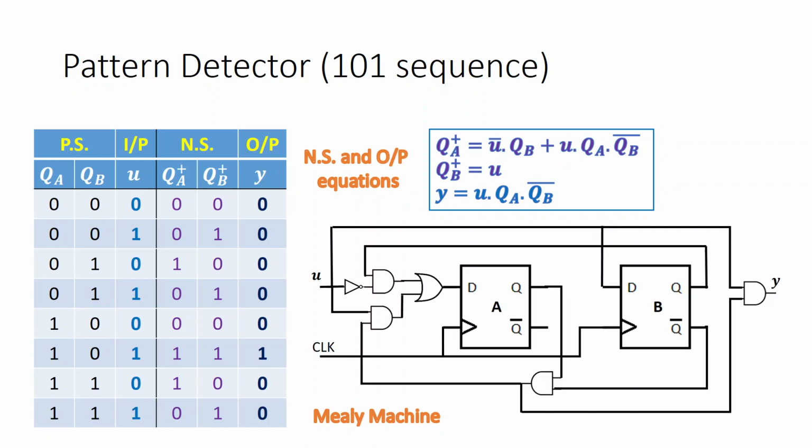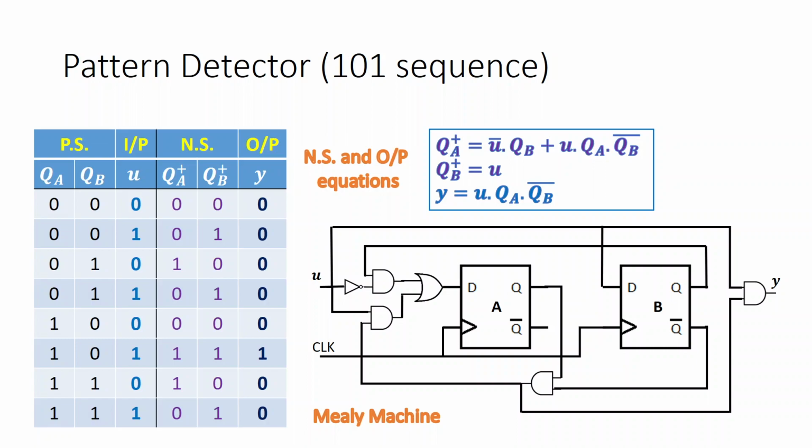So what we understand from this very good example of pattern detection is a very fundamental idea that you can actually design a system in terms of Moore as well as in terms of Mealy. It is entirely your choice, entirely your convenience.